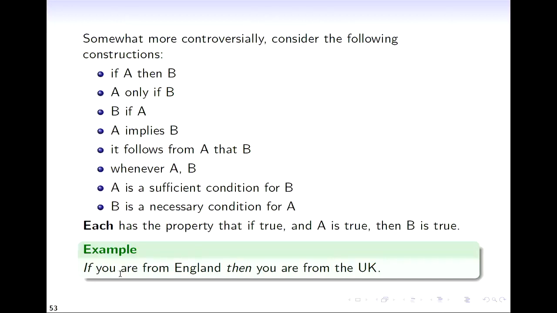Here is an example which uses actual sentences for a compound statement like this. If you are from England, then you are from the UK. So being from England is a sufficient condition for you to be from the United Kingdom, but it's not a necessary condition. The United Kingdom might be getting smaller in the future, who knows, but it still contains more than just England.